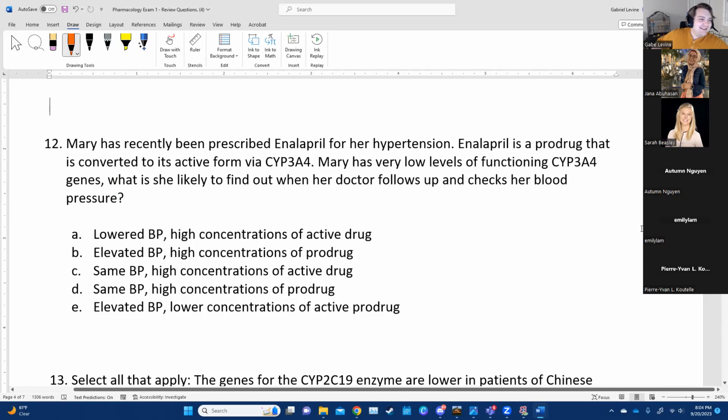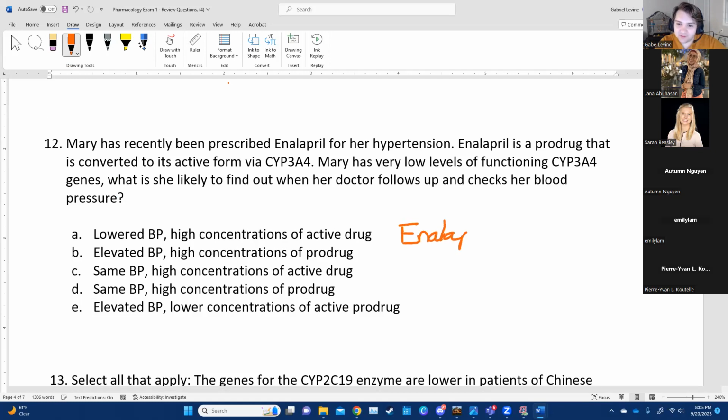Mary has recently been prescribed enalapril for her hypertension. Enalapril is a prodrug that is converted to its active form via CYP3A4. Mary has very low levels of functioning CYP3A4 genes. What is she likely to find out when her doctor follows up?